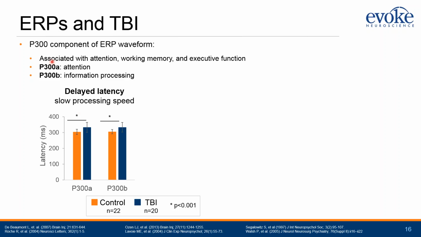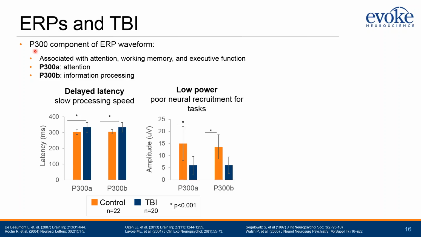So we're going to keep an eye out for our P300 component that has slow processing speed. We can also look at power. Remember, that's the y-axis. Power reflects neural recruitment. And when we look at our control versus TBI groups, we can see that power, also called amplitude, is significantly reduced for both the P300A and the P300B components.